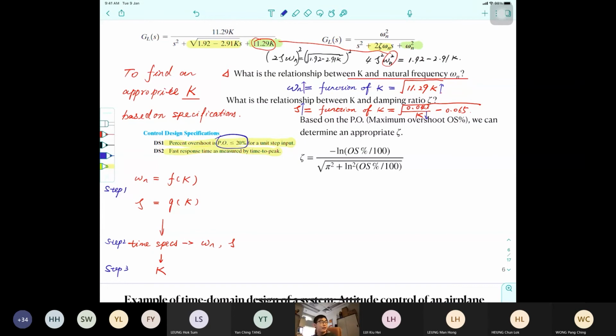Percentage overshoot. Based on the percentage overshoot, we can find zeta, right? We can find zeta.